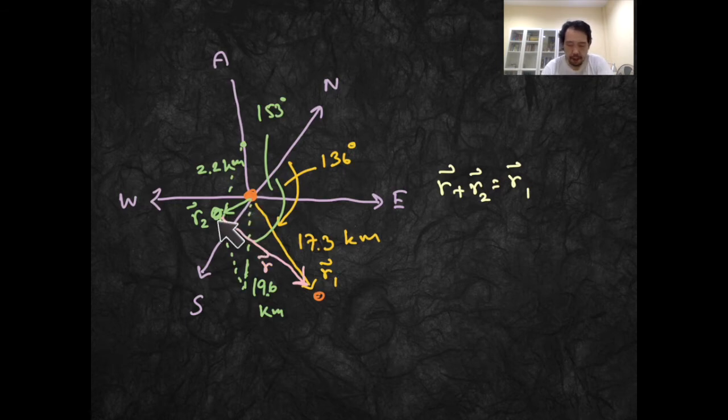If you look at this figure, this is R2, this is R, and this is R1. So R1 is equal to R plus R2, or we can say that R is equal to R1 minus R2.